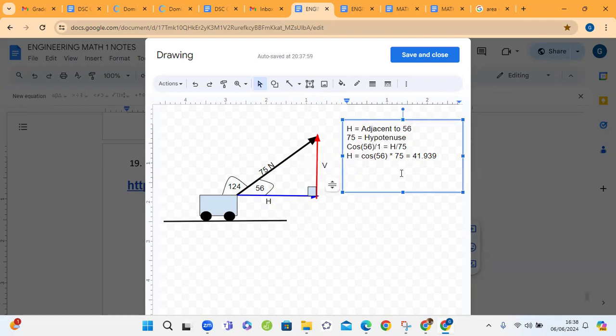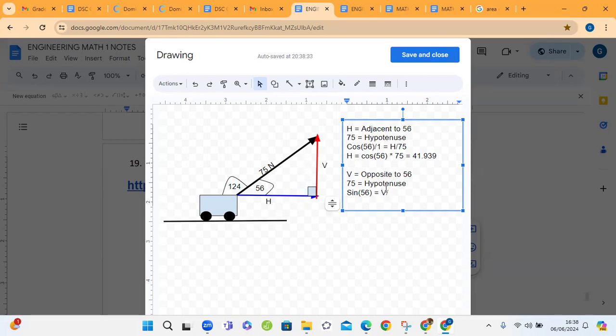Because when we lay out our information, V is opposite to 56. 75 is the hypotenuse. Opposite and hypotenuse, we are talking about sine, yes? Sine of 56 is equal to the opposite, which is V, yes?